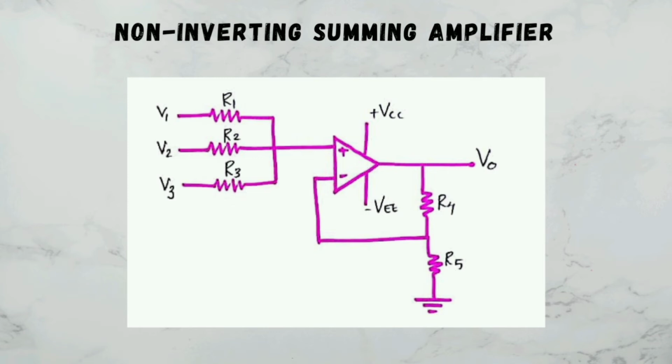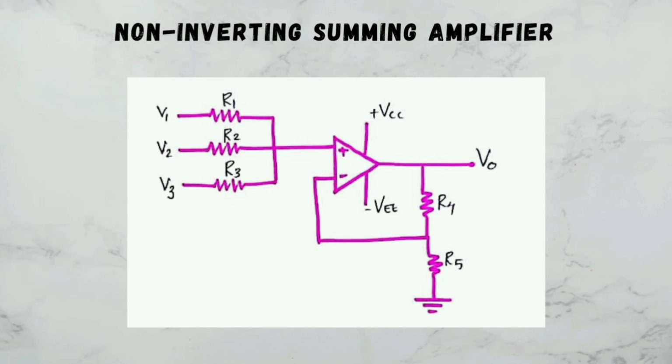At the inverting terminal, there's a feedback resistor RF connected between the output terminal and the inverting terminal, and there is a resistor R5. This R5 acts as an input resistor because whatever the total input voltage applied, the same input will be available at the resistor R5. This is about the circuit.